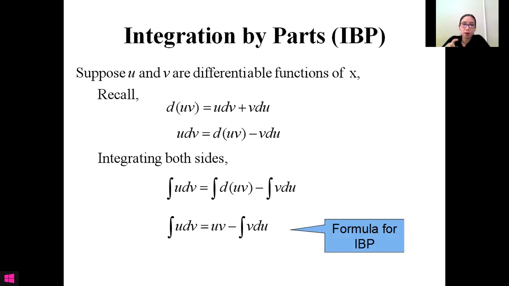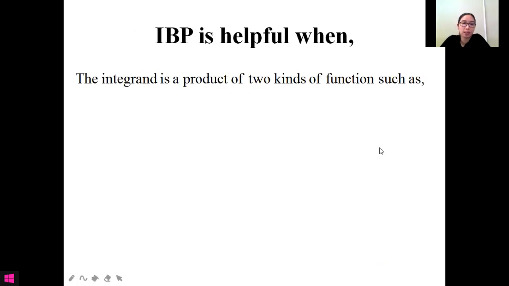So this now becomes the formula for integration by parts. So gingon ani siya derived coming from the product rule of differentiation properties. So IBP or integration by parts is helpful when the integrand is a product of two kinds of functions.